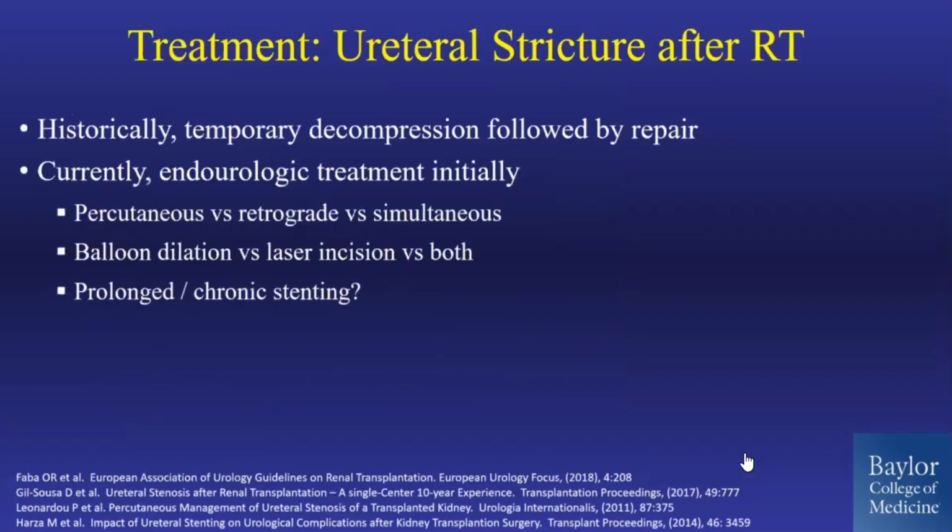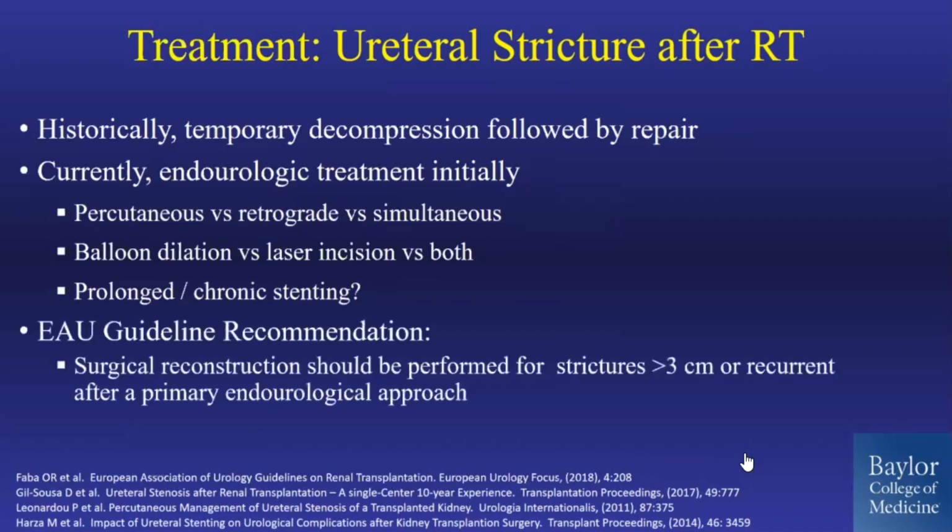Traditionally, strictures were treated with decompression and formal repair. But in modern times, with the advancements of technique and equipment, we have tried to push the endourologic envelope as far as is reasonable. Whether you do that percutaneously anterograde or retrograde, or like I do, simultaneously, and whether you use a balloon or a laser or both, endourologic treatments are generally first line.